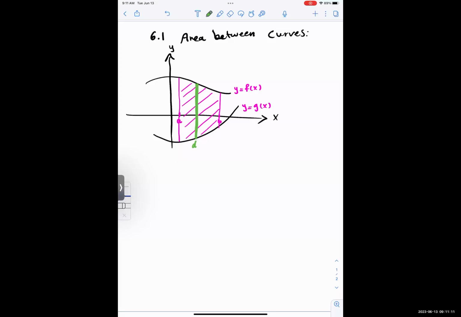Which one is your guess? It is dx, because it's going to be a small difference along the x-axis. Whatever is from here to here is the difference of x's, so it's dx.